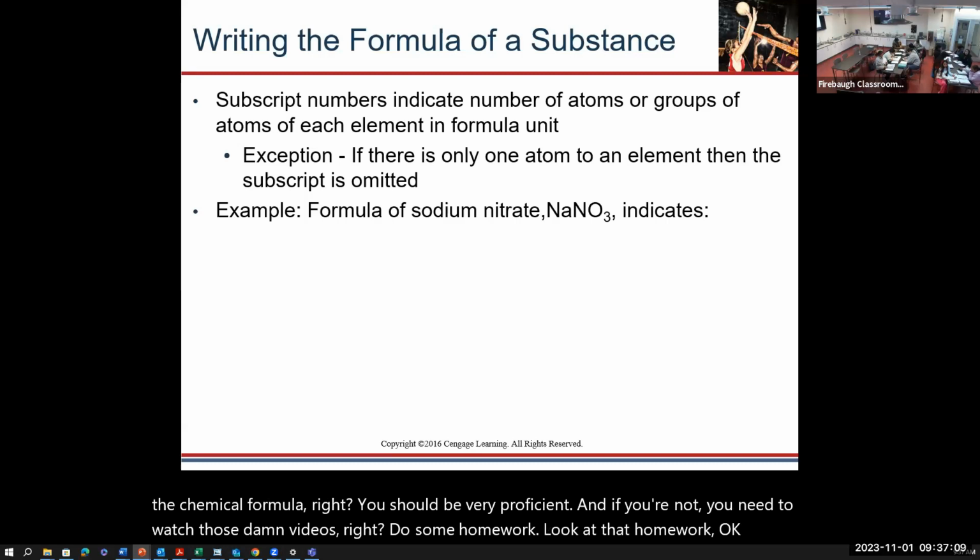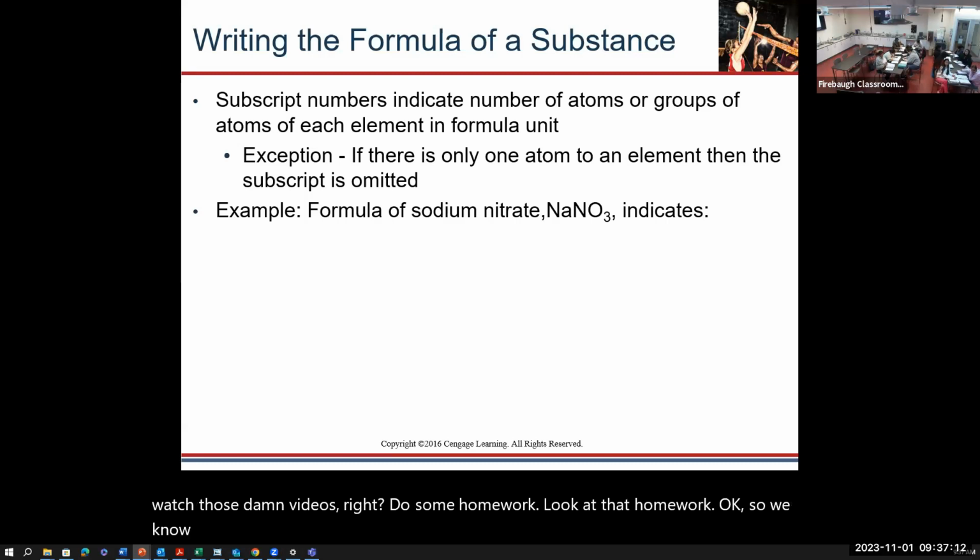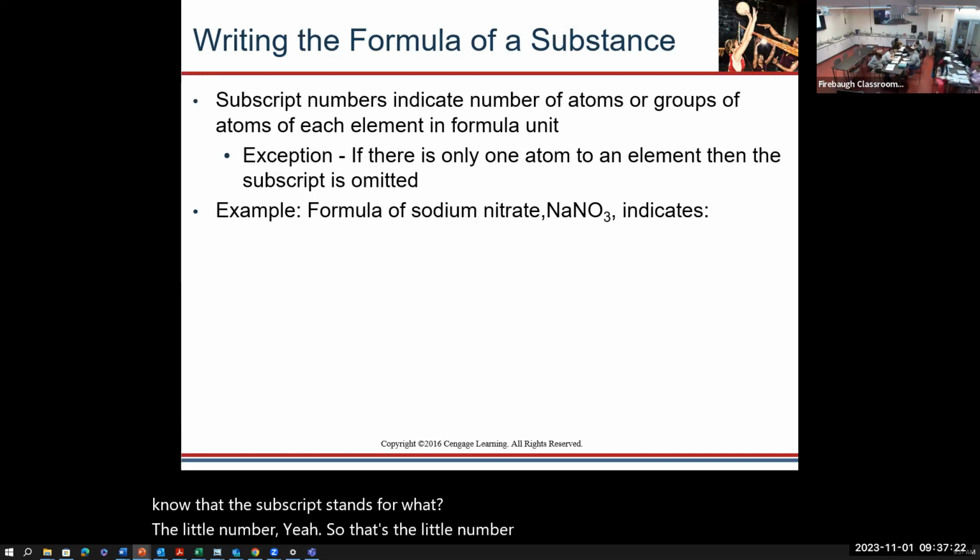Okay, so we know that the subscript stands for what? The little number following. What does it tell us? The number of atoms, that's right.